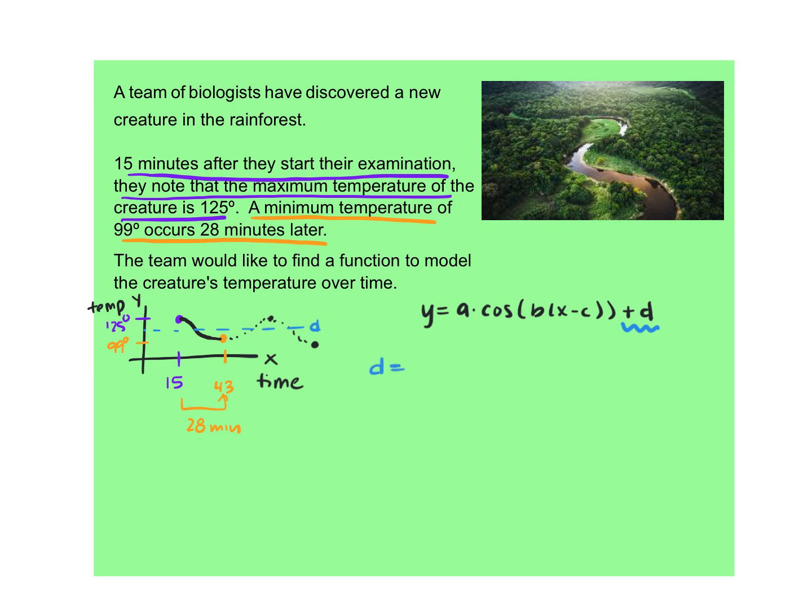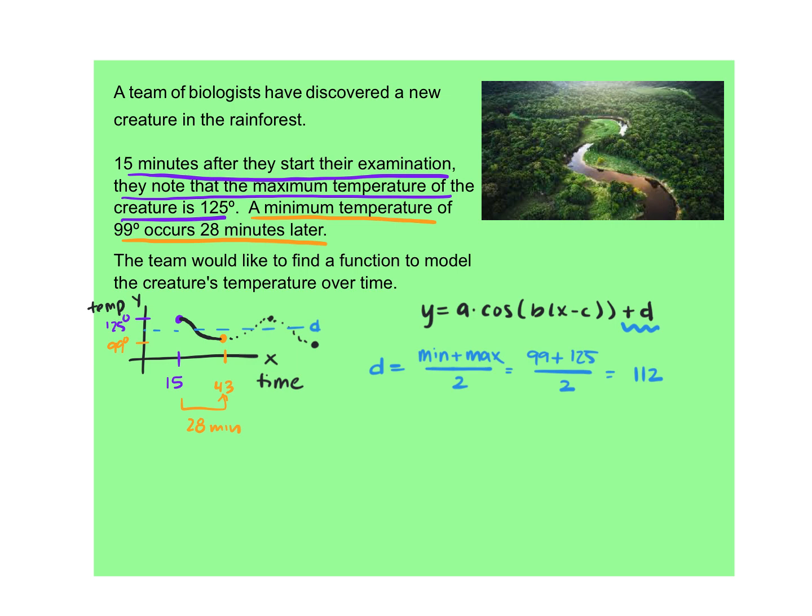So to find that baseline, I'm going to take the middle of those two. I'm going to take the average of the minimum and the maximum temperatures. So that would be 99 plus 125 over 2, which is going to give me 112.